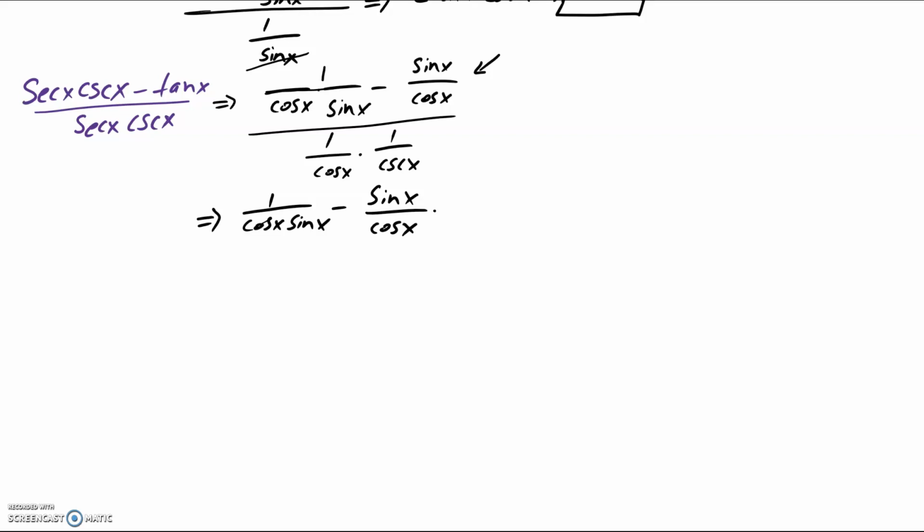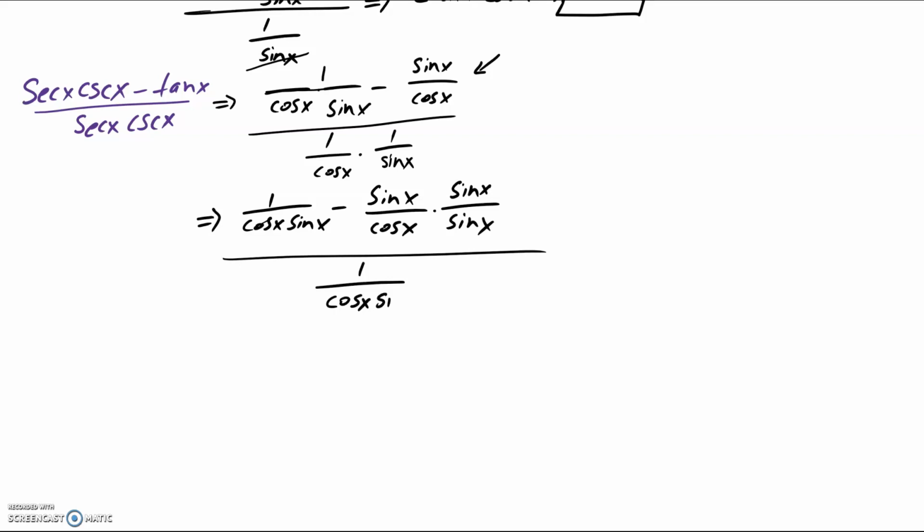Now I'm going to multiply with sin x here and divide with sin x, so we can have the same denominators. And here you will have cos x, and sorry, this is not cosecant, this is 1 over sin x.